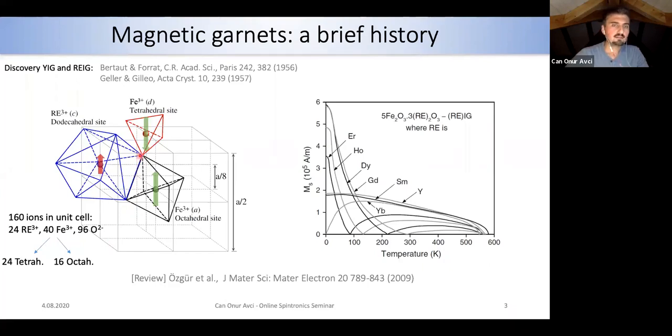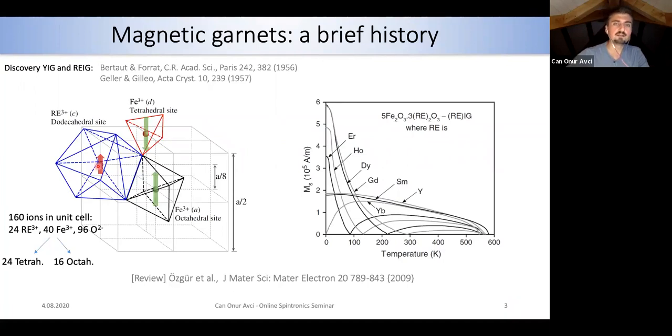Magnetically, we can understand the magnetization behavior by looking at this very simplified unit cell, where you have tetrahedral sites occupied by trivalent iron ions. Then you have this octahedral site, again iron. And then you have this dodecahedral site that is occupied by the rare earth, or that could also be non-magnetic ions.